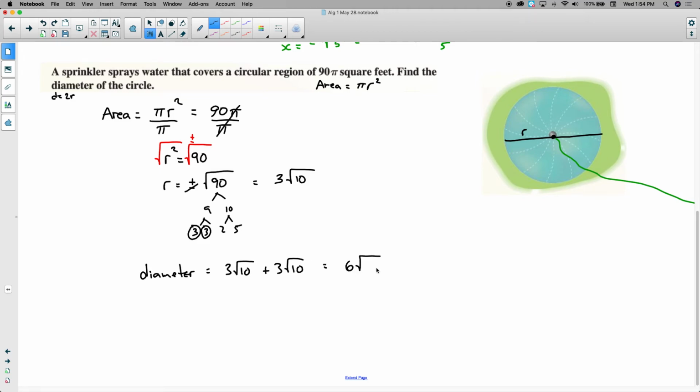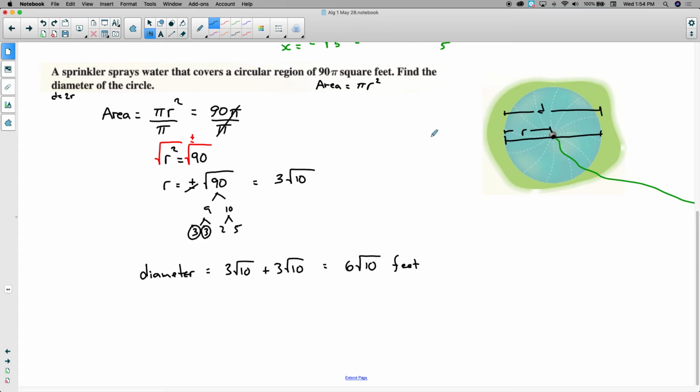Final answer, 6 root 10 feet. Okay, so this was 6 root 10. This radius is 3 root 10. Okay, so that's that one.